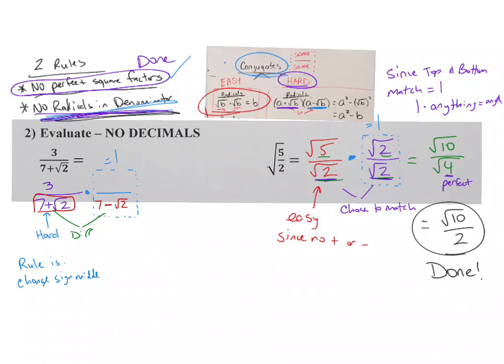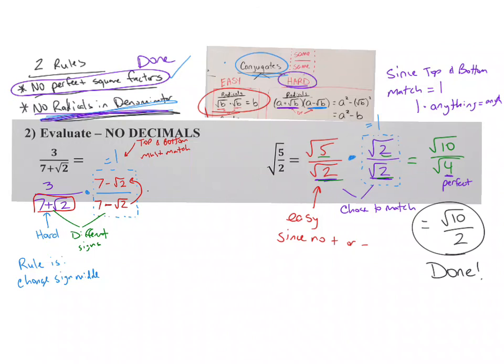They have to be different signs. Now, I copy and paste that to the top because the top and bottom have to match. That's what makes it equal 1.